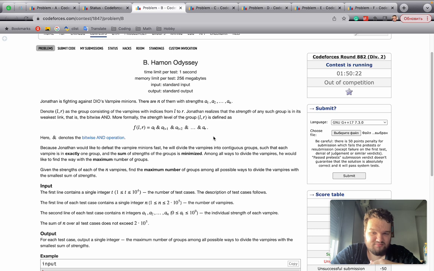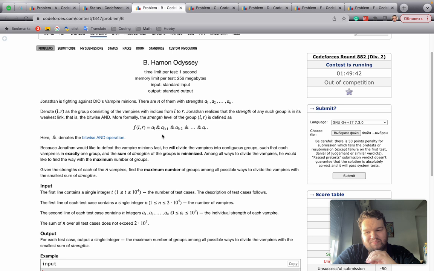But we want to have the maximum number of segments if we still have the same value. Consider that the AND is not 0. What does it mean? It means that all the numbers we have have those bits set, but then it will be in all the groups we create, and since it is not 0, the sum will be strictly greater than just the AND of the whole array.